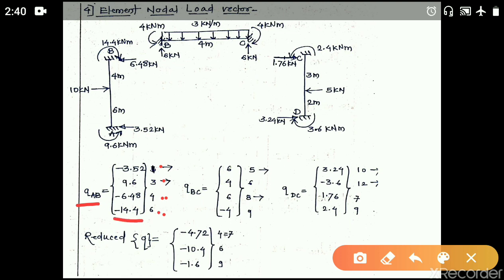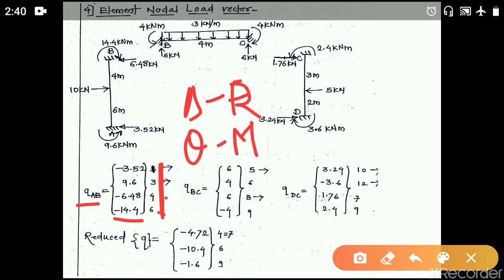So the elements in this matrix show the action corresponding to these degrees of freedom: the action corresponding to delta is force, and the action corresponding to theta is moment.